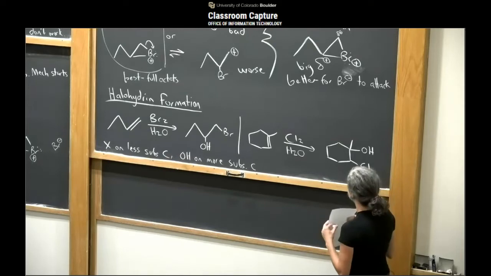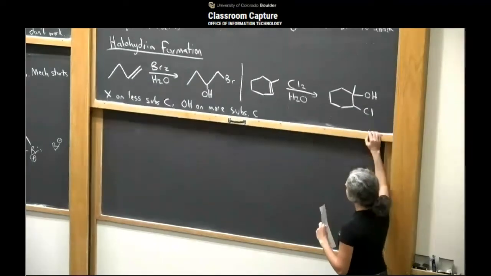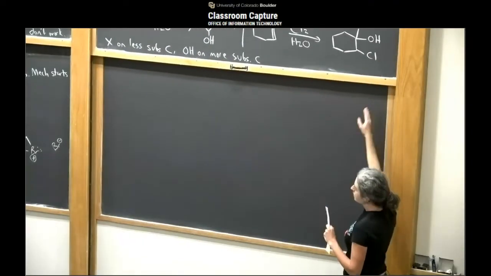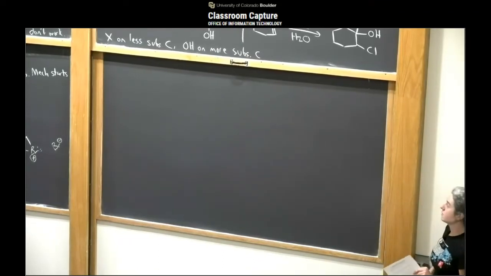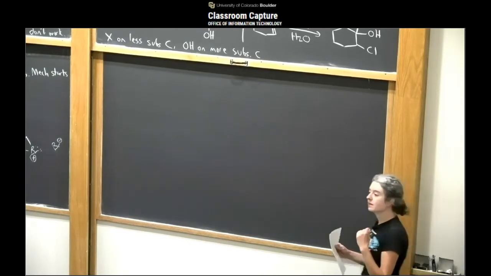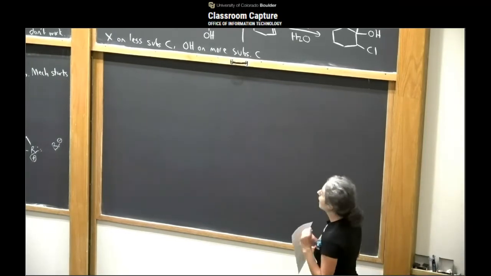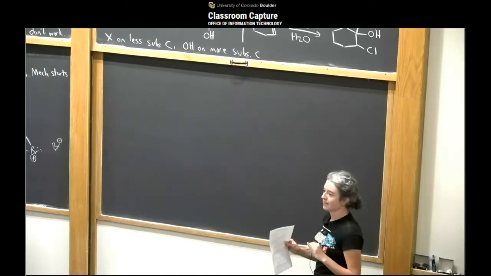Okay. So the mechanism is almost identical to what it was for dihalogenation. Just obviously there's going to be a little bit of difference once we start bringing in water. Question? Where's the other hydrogen go? First one? Good question. I'll show that as a byproduct.